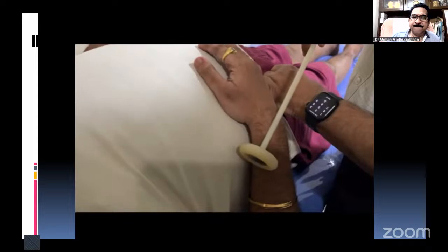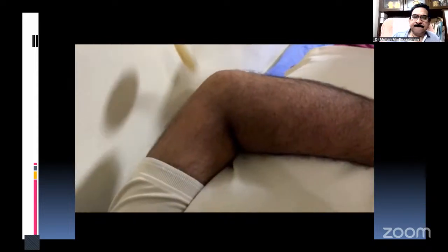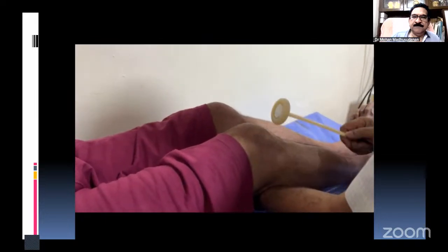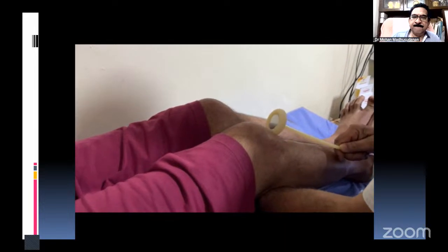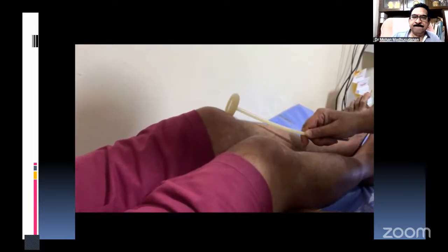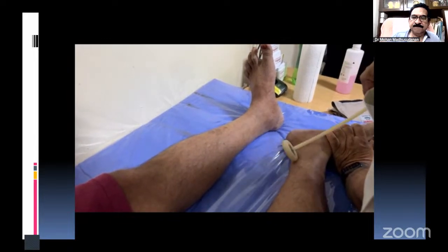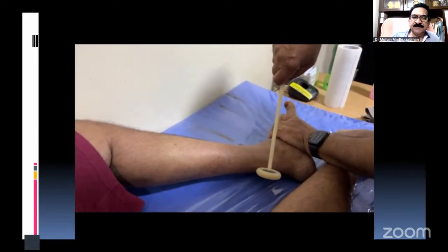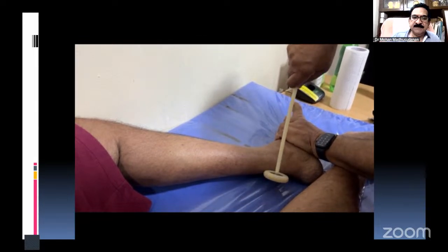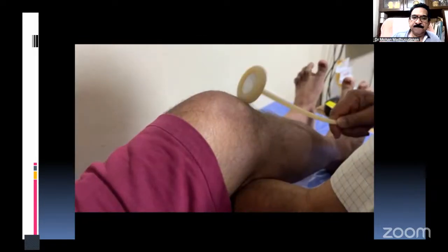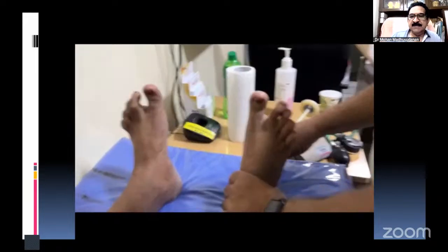Reflexes were normally elicited in the upper limb. Knee jerks were normal. Ankle jerks were absent, even with reinforcement. Knee jerks were however elicited.